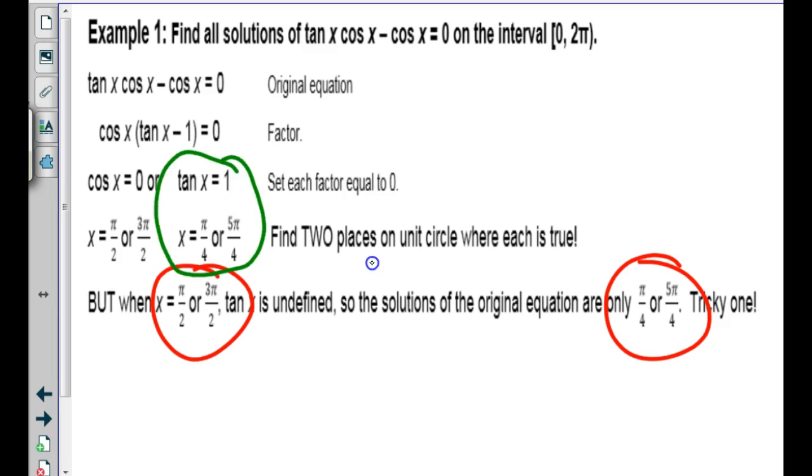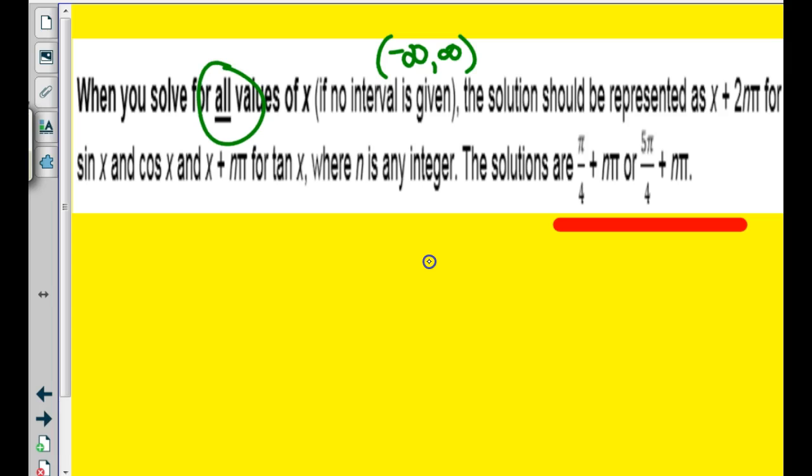How often does tangent repeat? Okay, so you could say at pi over 4 plus or minus pi n, or 5 pi over 4 plus or minus pi n.